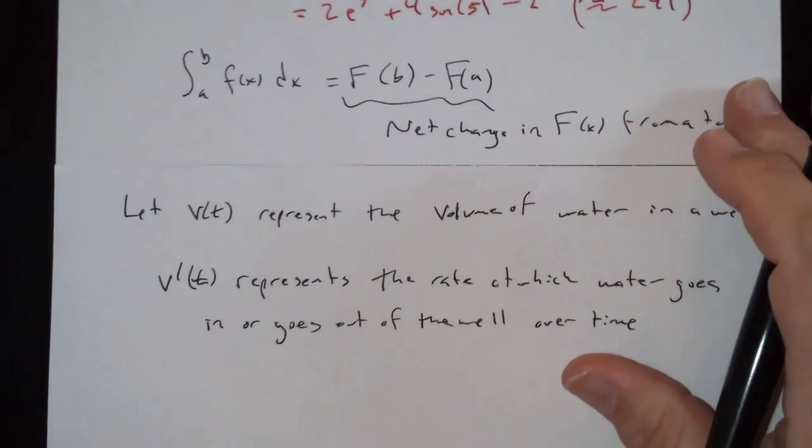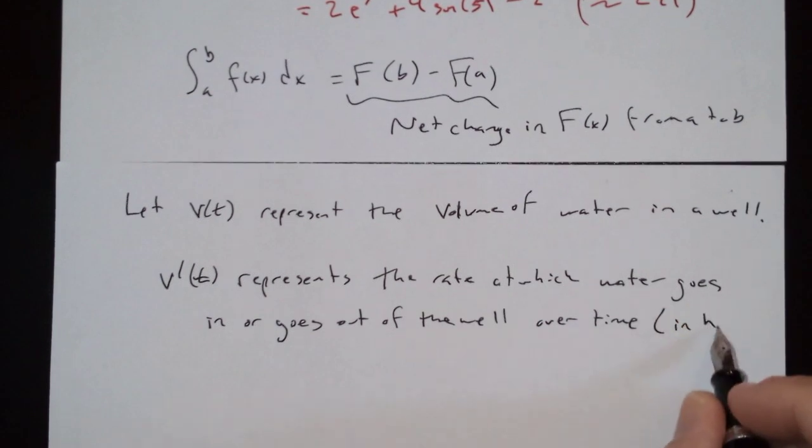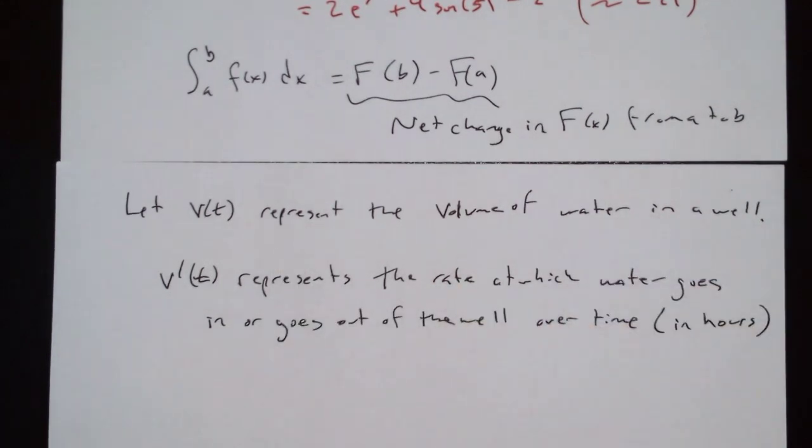Okay. So let's think of the following. Let me actually be more specific. I'm going to go ahead and say over time in hours. I didn't say it up here. We're going to let t represent hours, and t equals 0 is midnight last night.